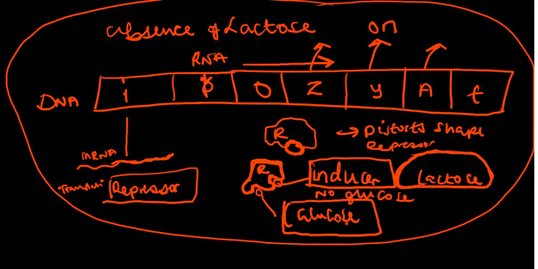Sorry, let me just correct this. When you look at this, we said we have the promoter region and the operator. What is supposed to be targeted is actually the operator region. Sorry for the mistake. This operator region is what the repressor targets.